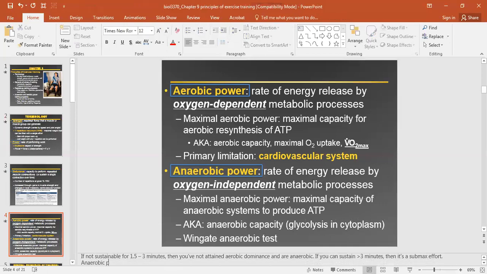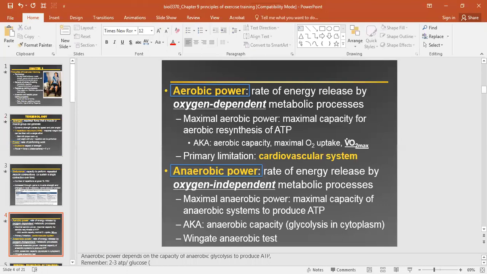Anaerobic power depends on the capacity of anaerobic glycolysis to produce ATP. And remember, you produce 2 to 3 ATP per glucose molecule, depending on its source.